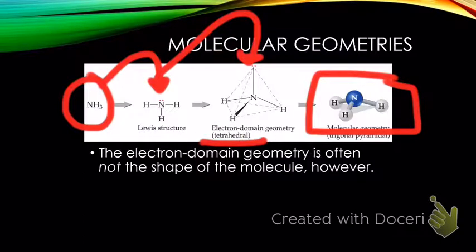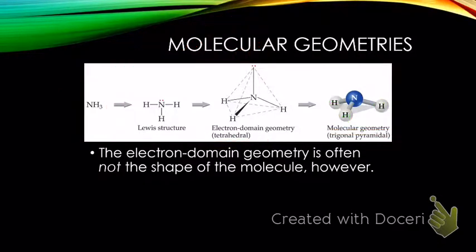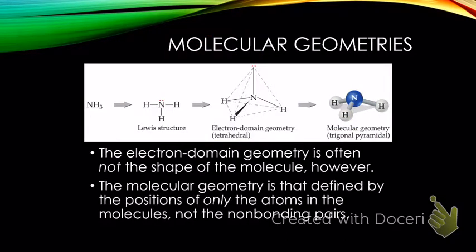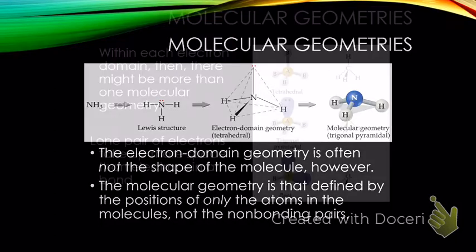Okay, because it's trigonal, because the base has three different, 1, 2, 3, so 3 different legs on the base. And it makes a little pyramid, so it's trigonal pyramidal. Okay, so the molecular geometry is defined by the positions of only the atoms and molecules, not the lone pair electrons, the non-bonding pairs of electrons. And that's very important to note.